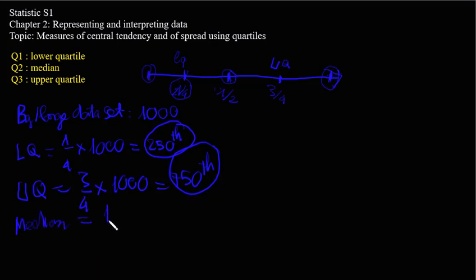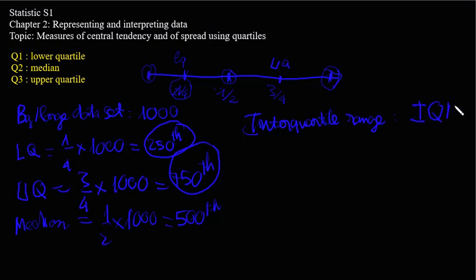And for our median, 1/2 multiplied by 1,000 is 500. We can find something called the interquartile range, often denoted as IQR. The IQR is equal to Q3 minus Q1.